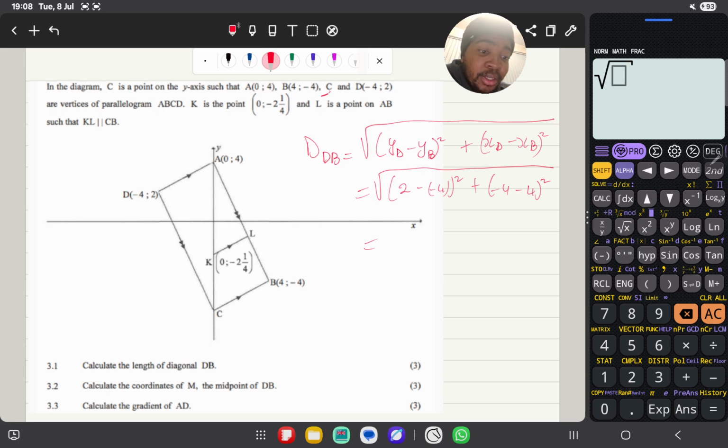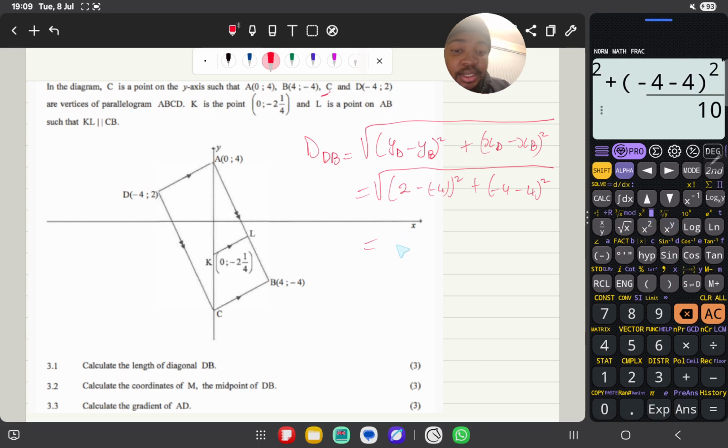We can hit the calculator. So you have 2 minus, I'll just say plus 4, because minus will make it 4, so that's squared, plus minus 4 minus minus 4 squared, right?